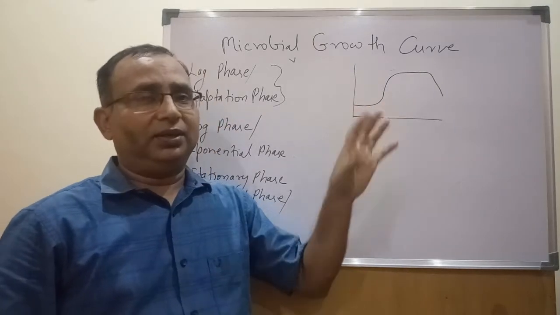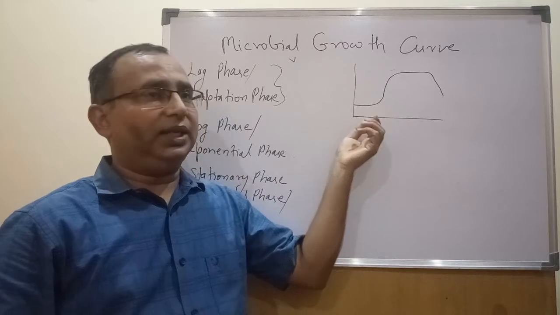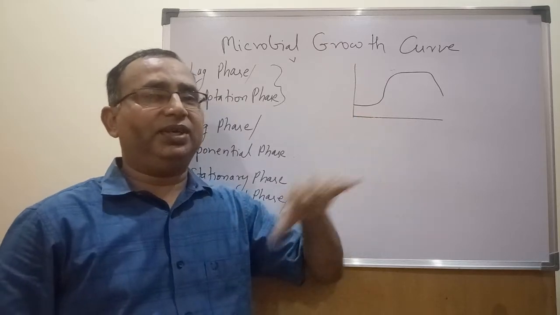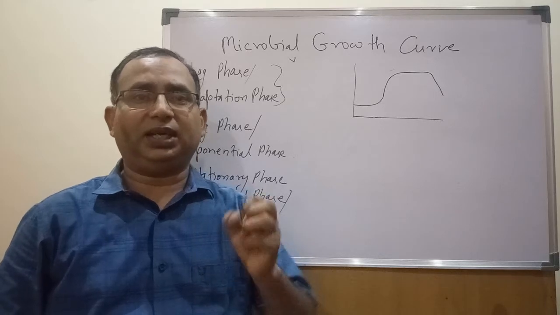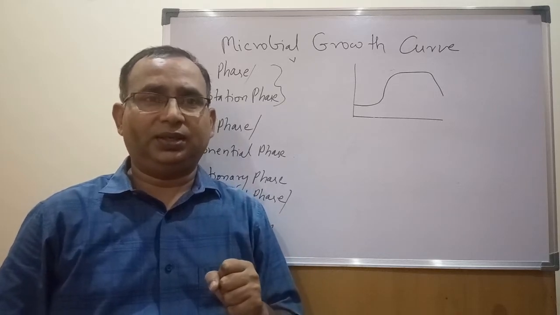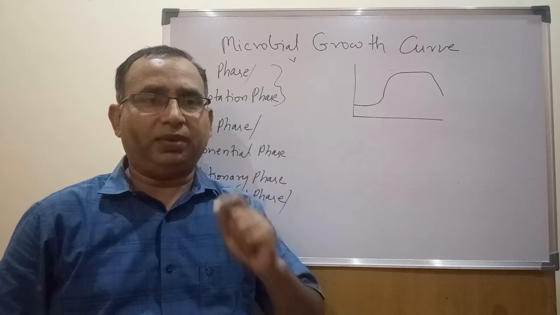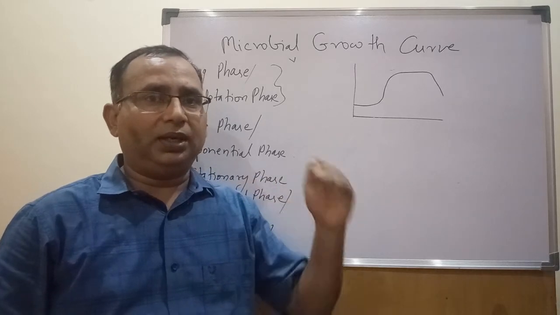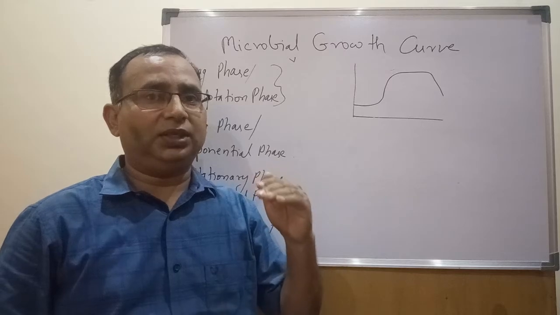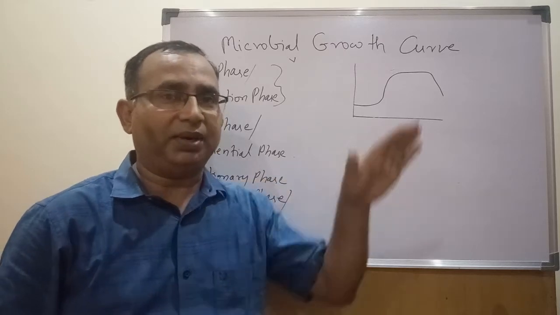So here we can say that once lag phase is over and microorganism is getting sufficient amount of nutrition, then microbial cells start dividing, and the total microbial population starts increasing rapidly.